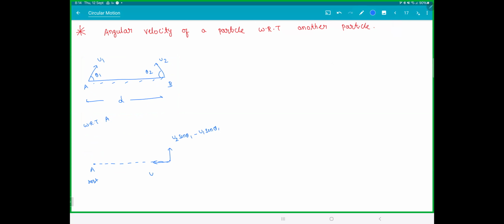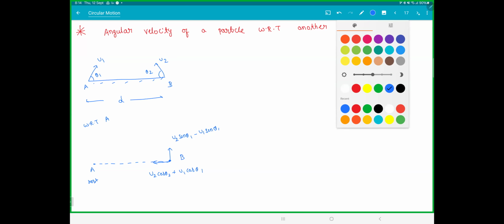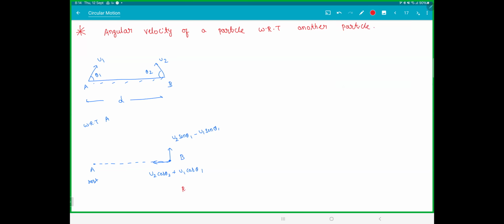And this side, the velocity is u2 cos theta 2 plus u1 cos theta 1. You guys remember this? We did this in relative velocity. This is B's velocity. So this is what A will think about B. This is the relative velocity of B as seen by A.